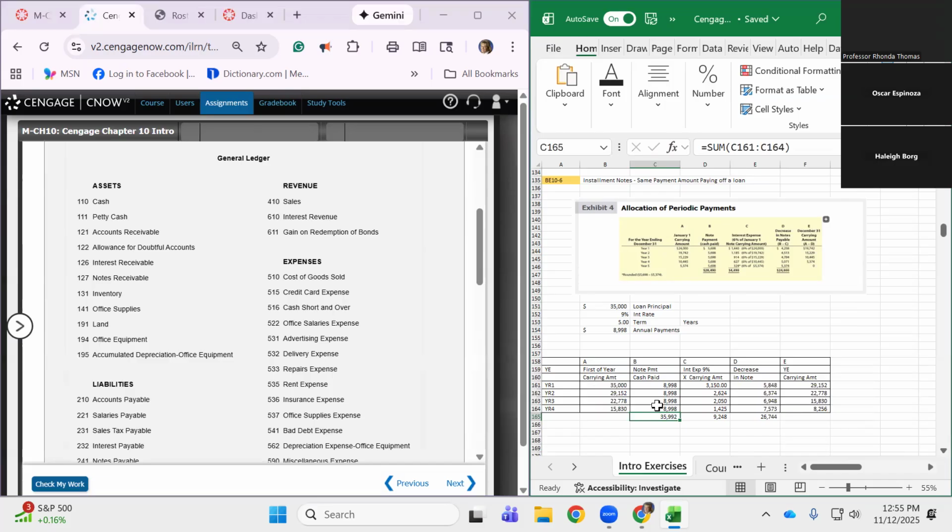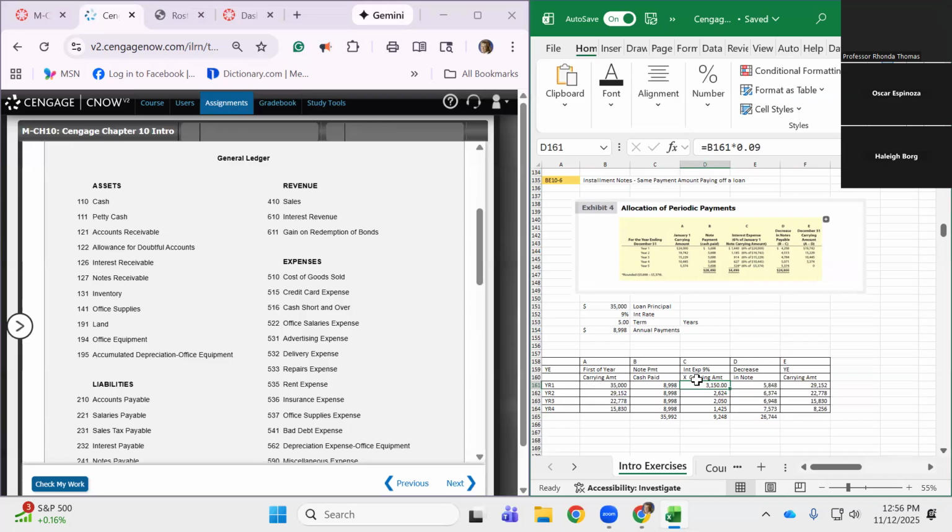So every payment, the next 4 years of payment, here's what it's going to look like. We're going to take 9% times the carrying amount. The carrying amount is the principal of the loan minus the decrease in the note. So the first part that comes out of every one of these $8,998 payments is the interest.